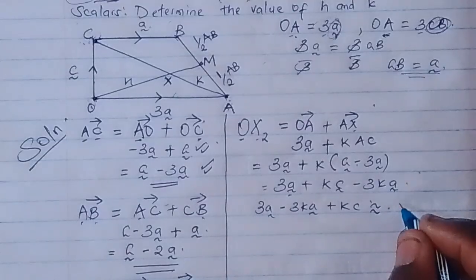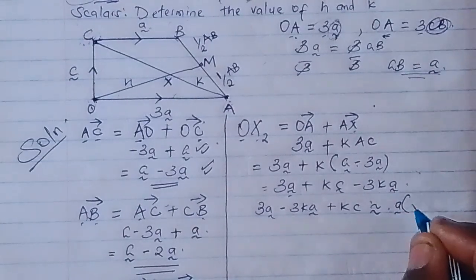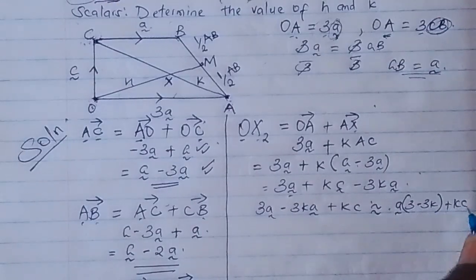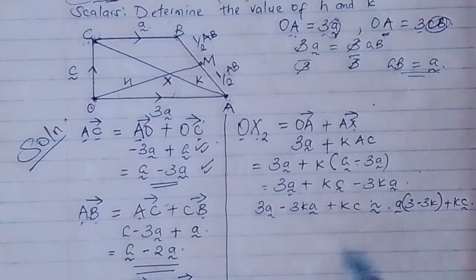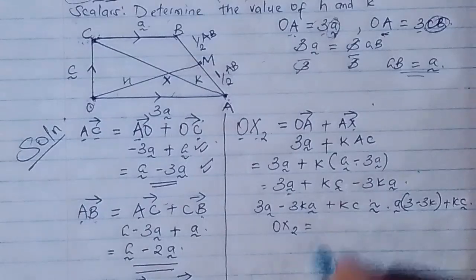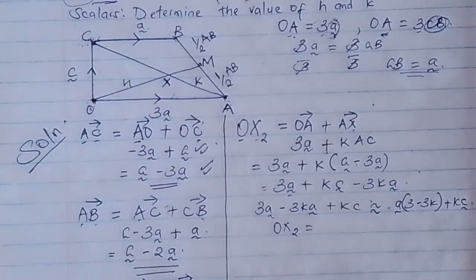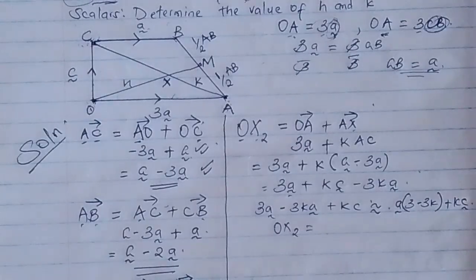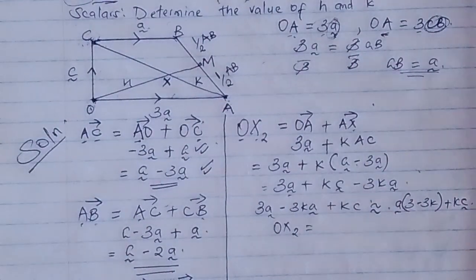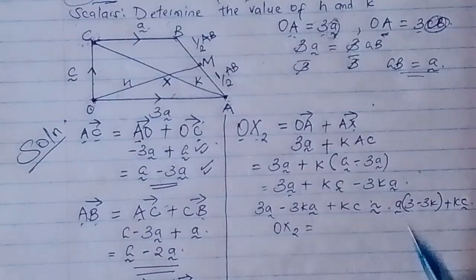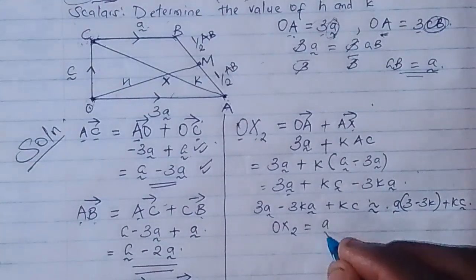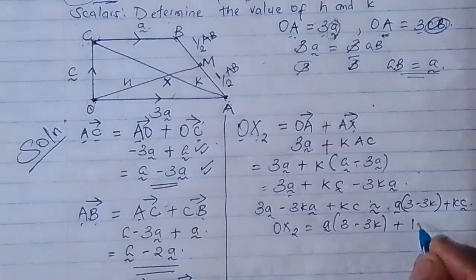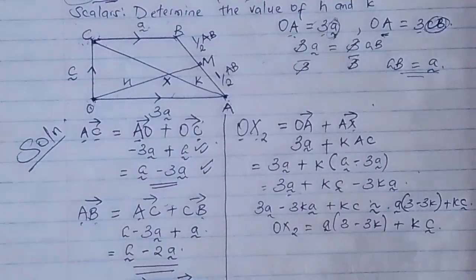Our common factor here is A vector, so that remains 3 minus 3K, then plus KC vector. Now this is OX2, and this was OX1. OX2 is now A vector times 3 minus 3K plus KC. Good.